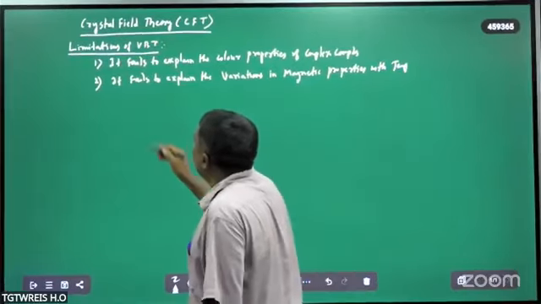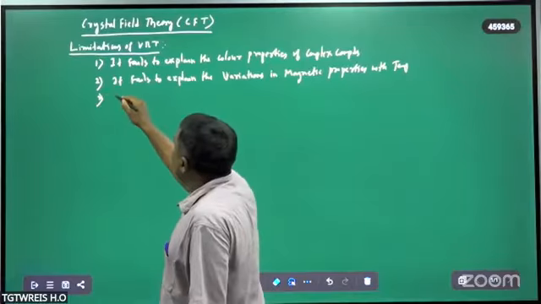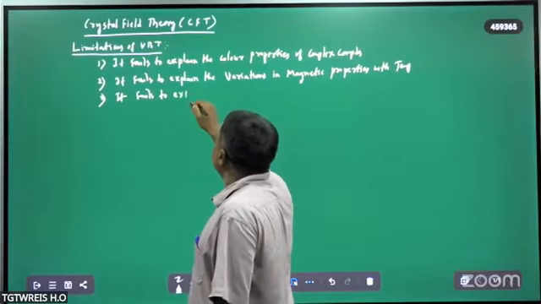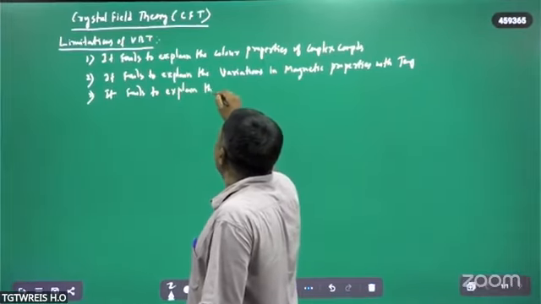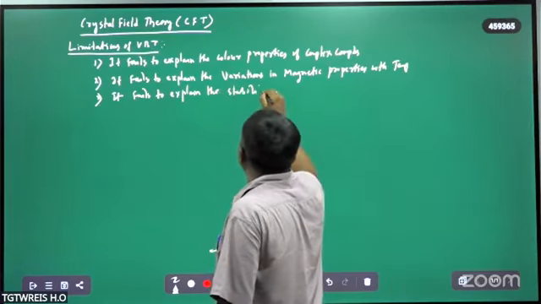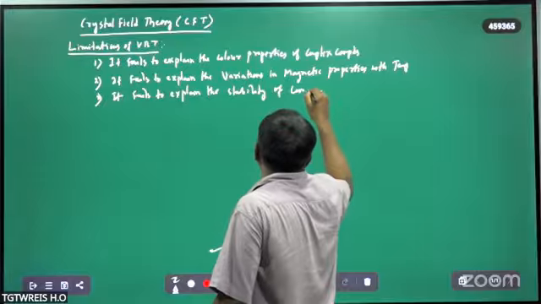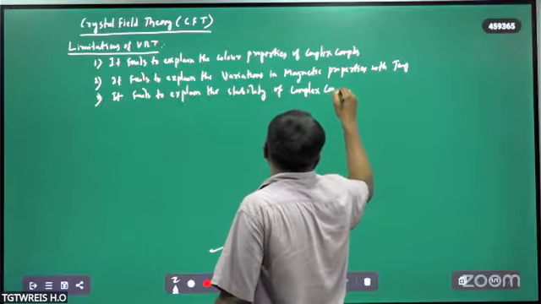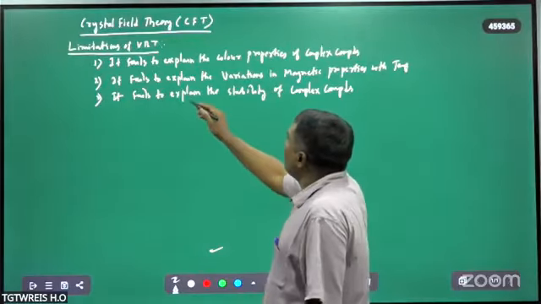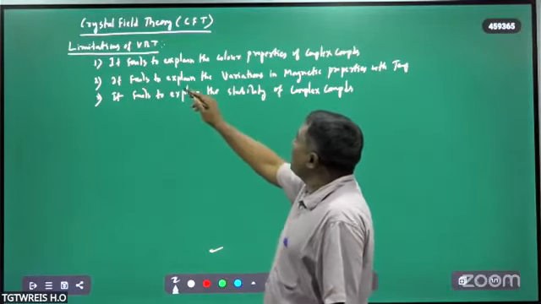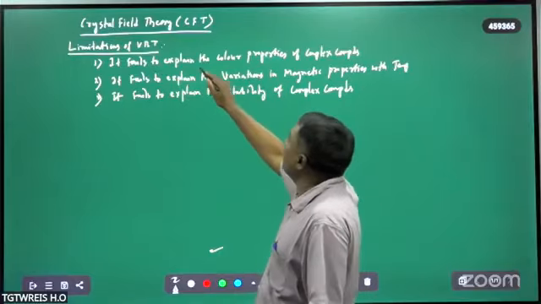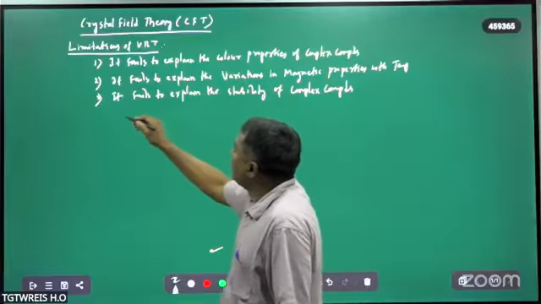It also fails to explain the stability of complex compounds. So it fails to explain the stability of complex compounds, the variations in magnetic properties with temperature, and the color properties of complex compounds.